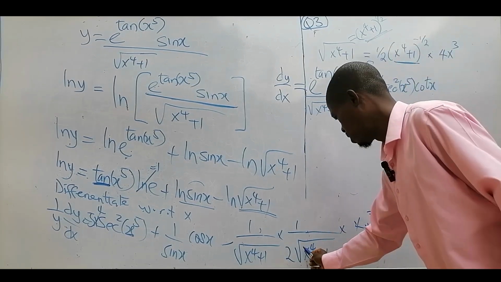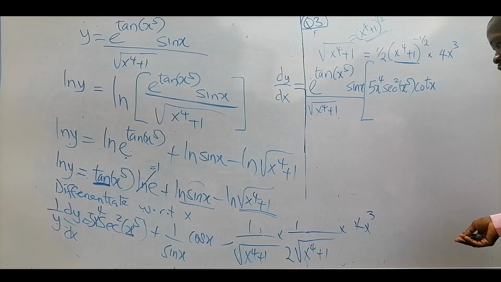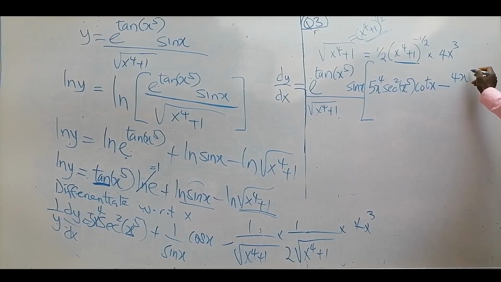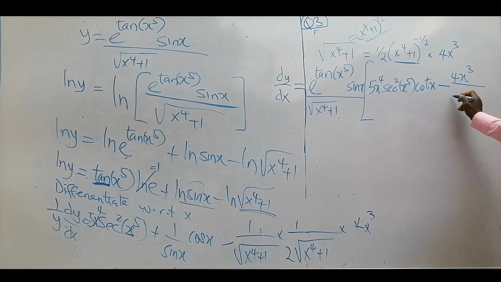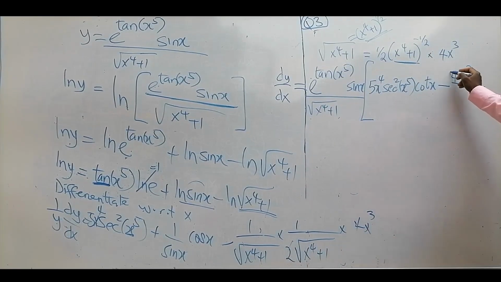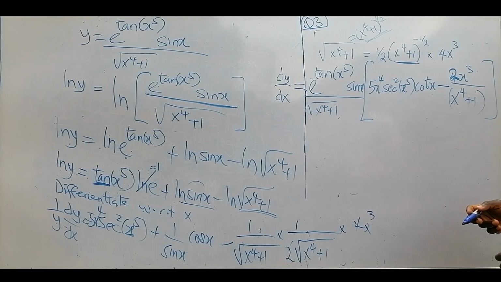And then this one, this is radical, this is radical, so it's going to cancel. So I'm going to have minus 4x cubed all over, even these two here, 1, 2 here 2, so I'm going to have 2 on the top. I'm going to have 2 here, and I'm having x to the power 4 plus 1. Then you close the brackets, and that is that on this question.